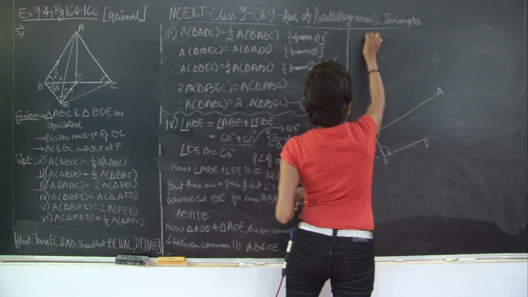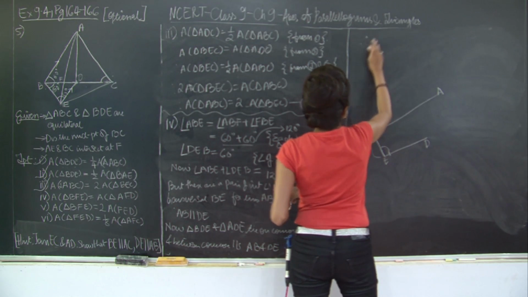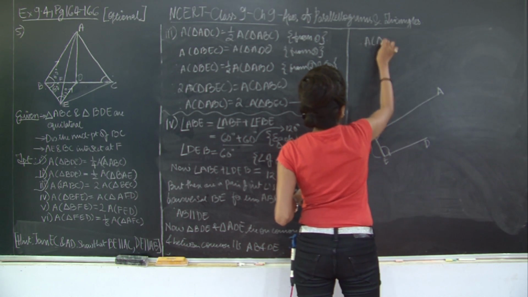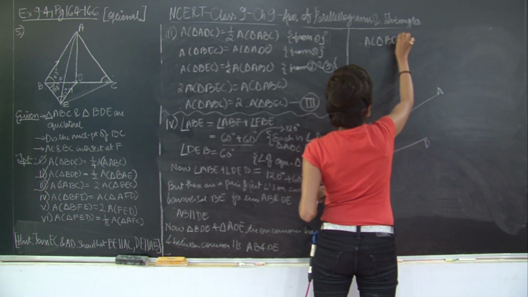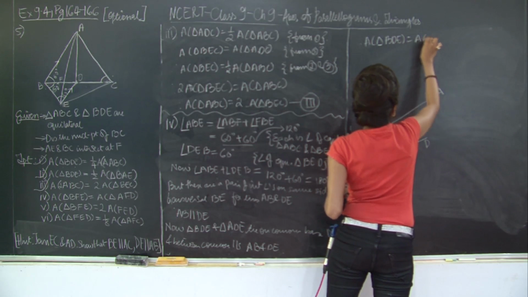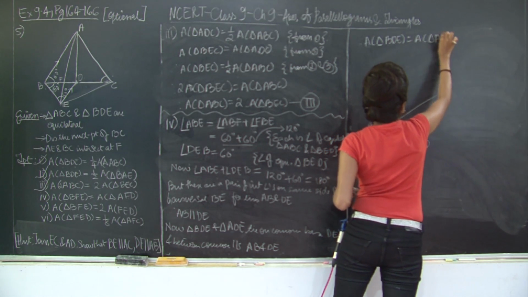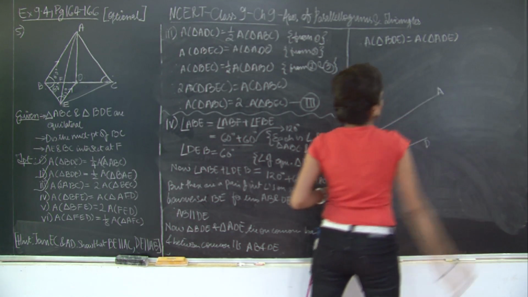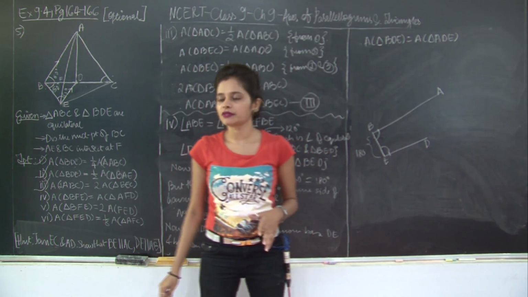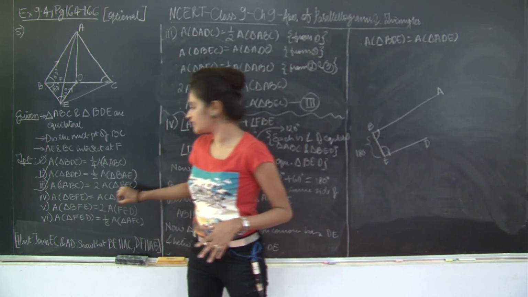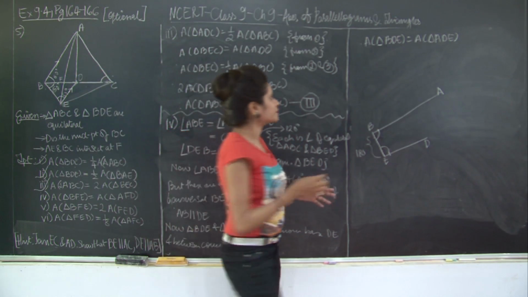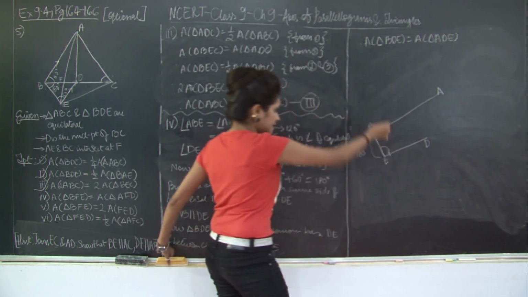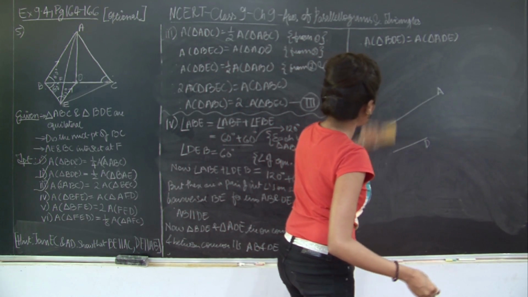Therefore, area of triangle BDE is equal to area of triangle ADE. So, now which triangle are you going to subtract from these two triangles? In order to get BFE and AFD, you are going to subtract FED. So, I will erase this section now, we do not need it anymore.